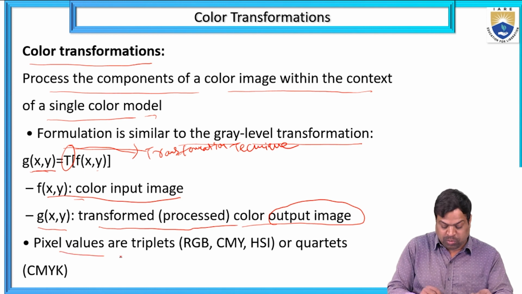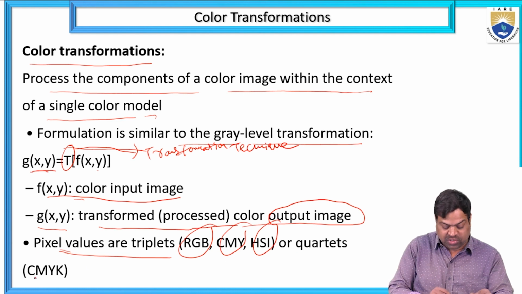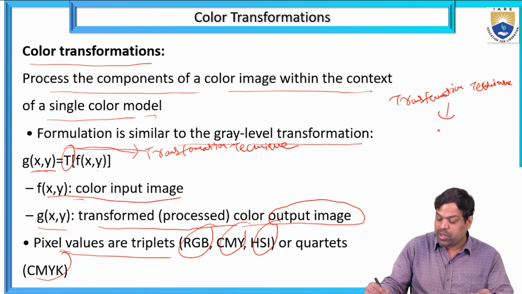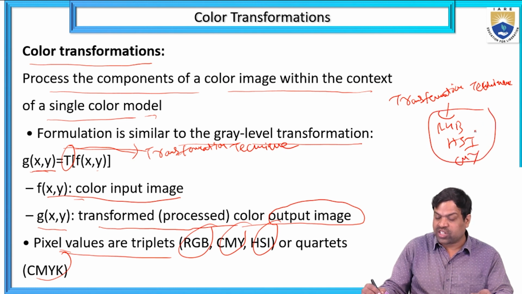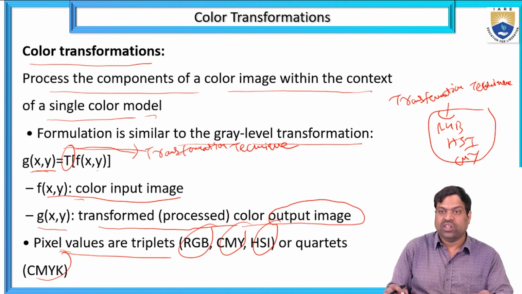What does the transformation process mean? It may be RGB, CMY or HSI, or CMYK. So the transformation technique may be RGB, HSI or CMY. Any one of these I am taking, that is the triplet.